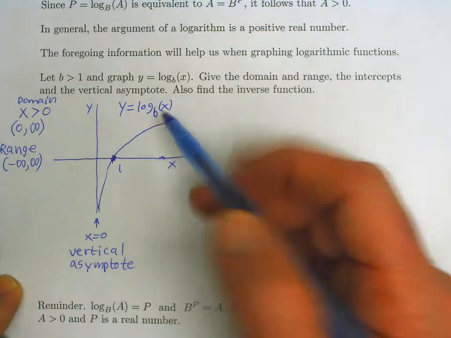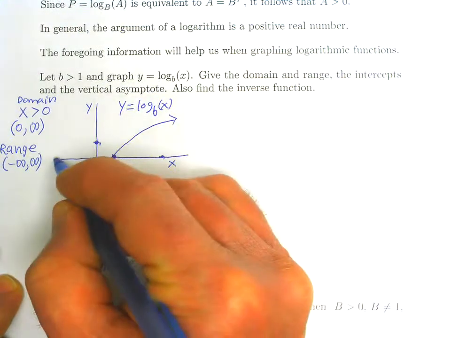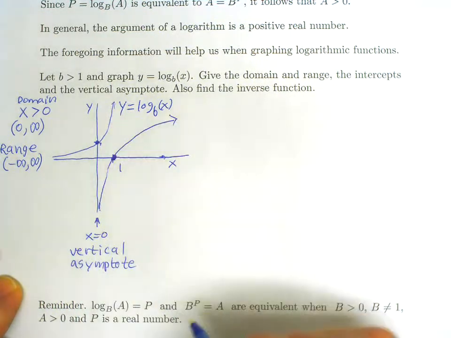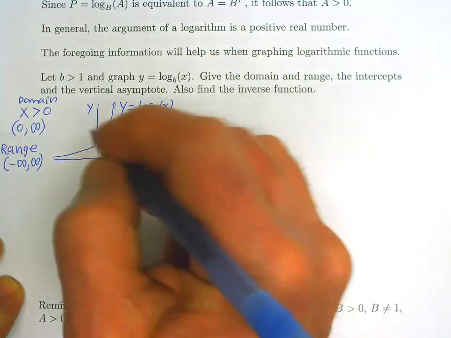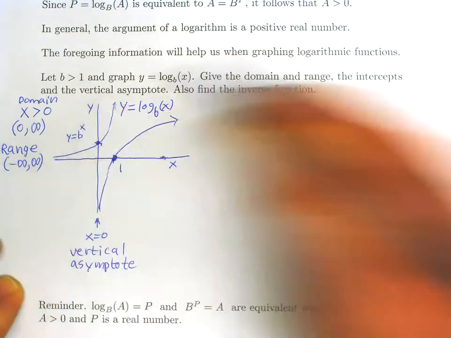And if b is greater than 1, y equals b to the x looks something like that. So this upper graph is y equals b to the x.